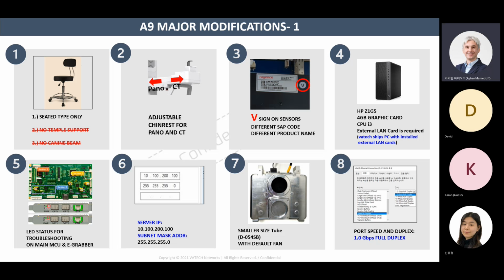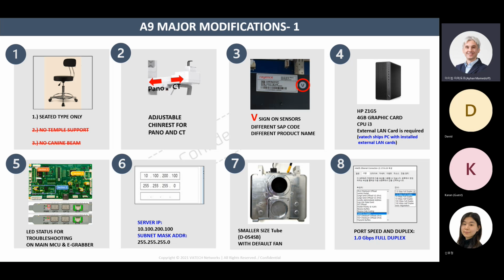And the fourth is, in some countries, when they buy the product, VATECH ships a PC to those countries. All the PCs that we ship have external LAN cards. This device uses external LAN cards, so those are usually installed at VATECH and shipped on the PCs. But some countries don't buy PCs directly from VATECH.